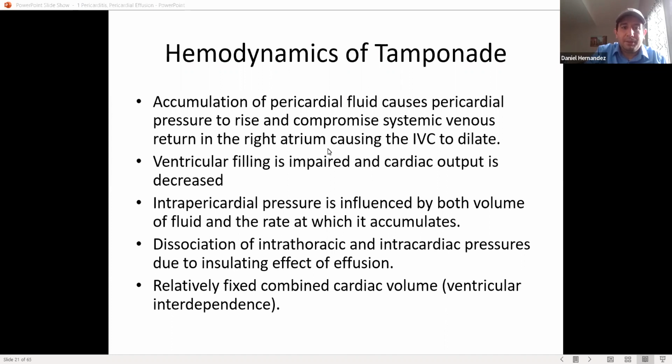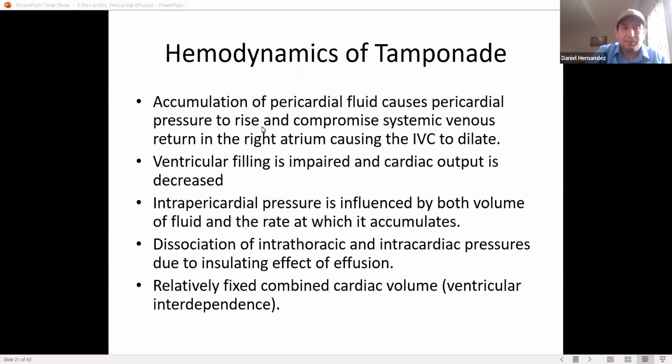Again, the hemodynamics of cardiac tamponade. It's the accumulation of pericardial fluid that causes pericardial pressures to rise and compromise systemic venous return to the right atrium. This causes the IVC to dilate. Ventricular filling is impaired and cardiac output is decreased.